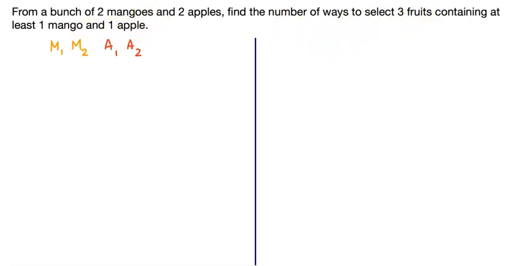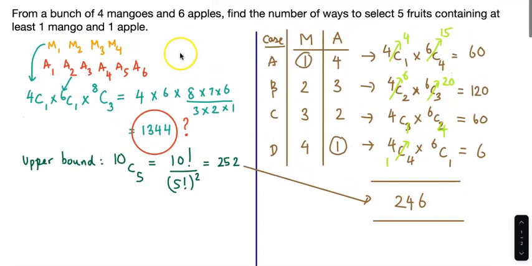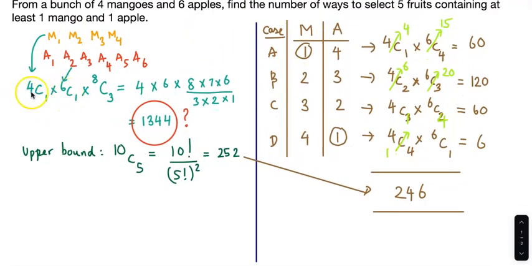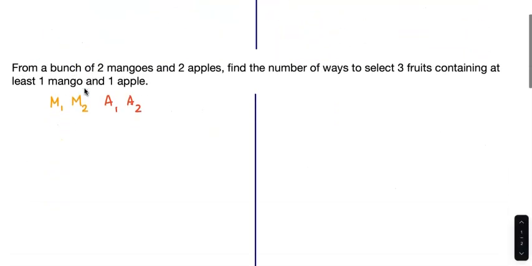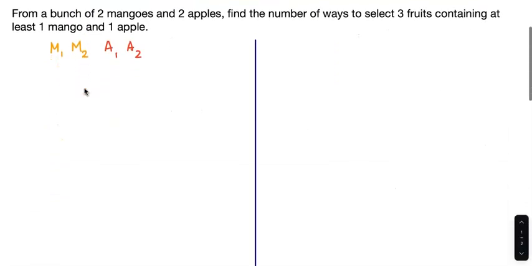Now what was the first method we did? We said, okay, you select one of each, and then you select the remaining from the remaining. Let's do the same thing again, but this time we can think about it clearly.